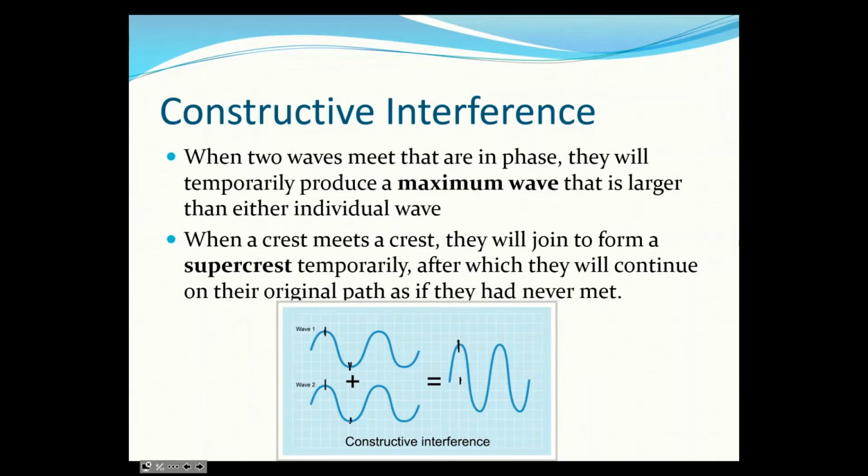Trough meets with trough. So those troughs are in phase, so we get a much bigger amplitude, right? If we draw our equilibrium line in here, we can see that the amplitude gets bigger. The amplitude is about 2 boxes high here for the crest, and now it becomes about 4 boxes high. But the wavelength and the frequency should not change from interference.